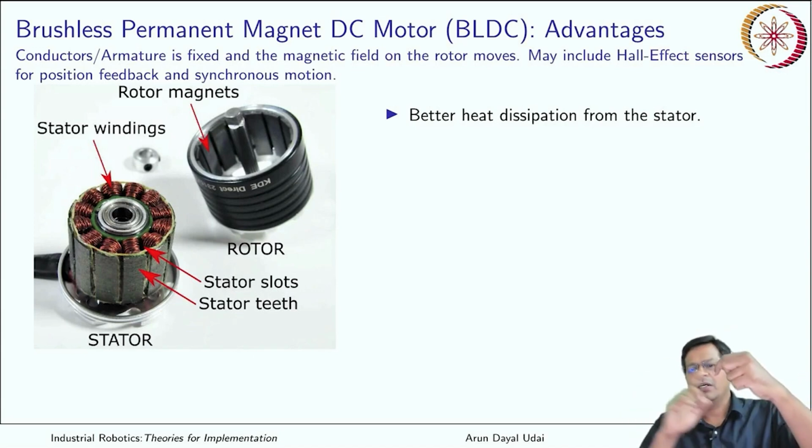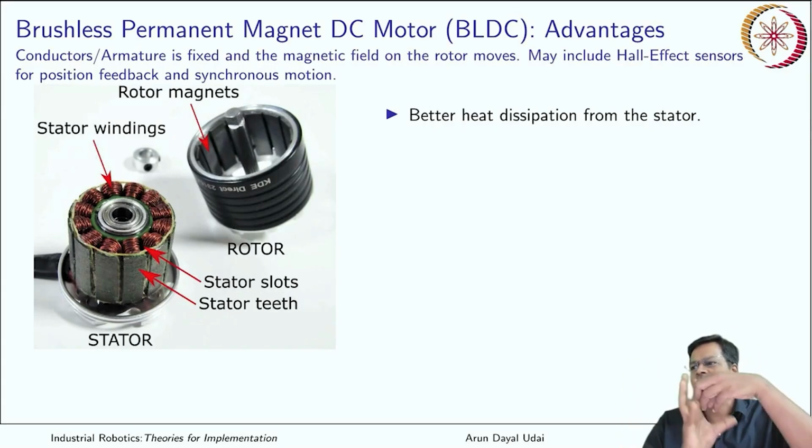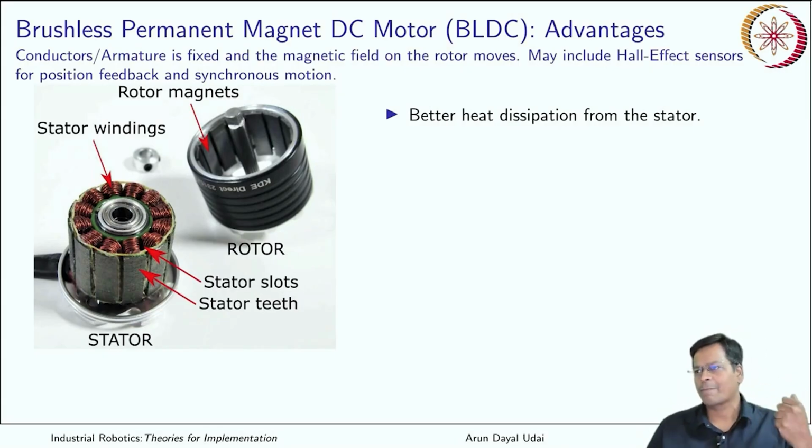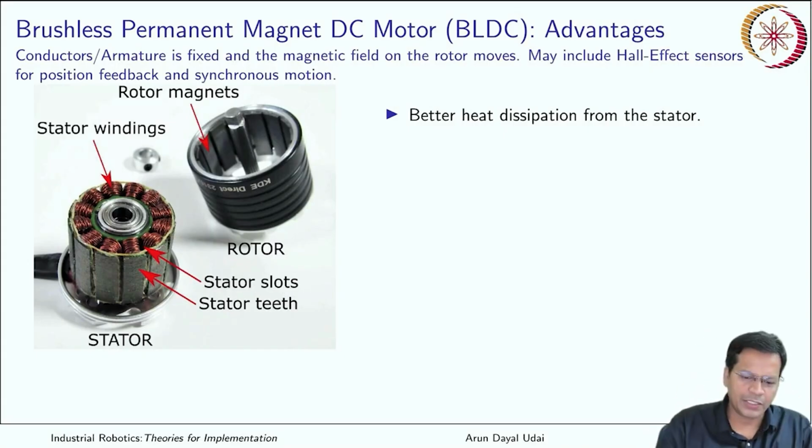The armature rotates from the outer casing of the motor; the outer part is what rotates. The stator, which contains the windings, is the stationary part. This winding creates the rotating magnetic field, and you see magnets all around.